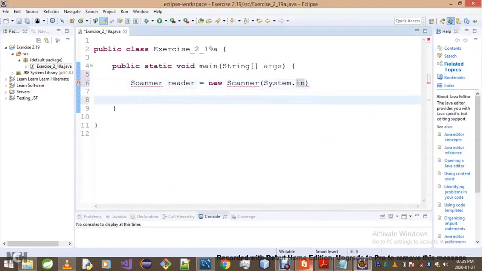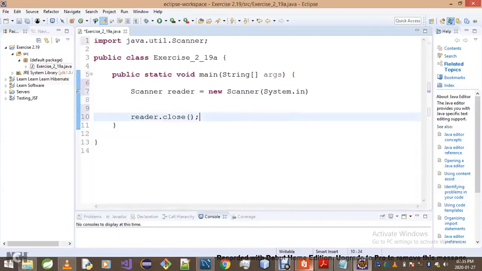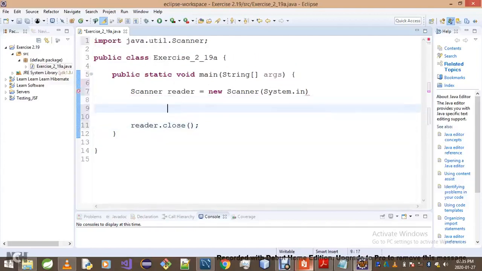However, I'm going to go through it in a simple, straightforward way. Let's close our scanner, and then, oh, I forgot a semicolon here. No wonder we're having an error.